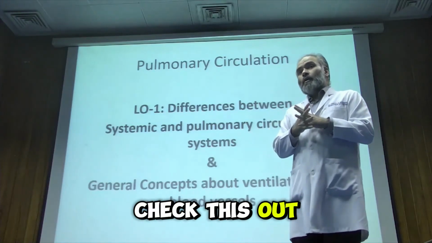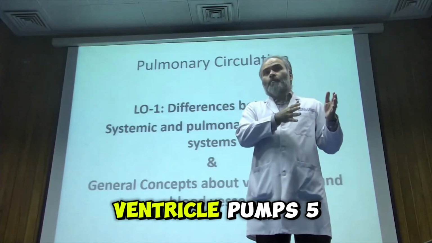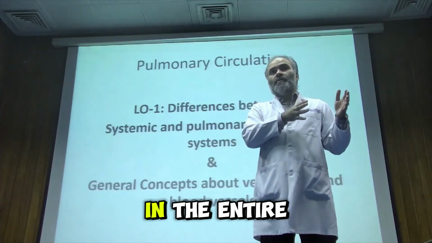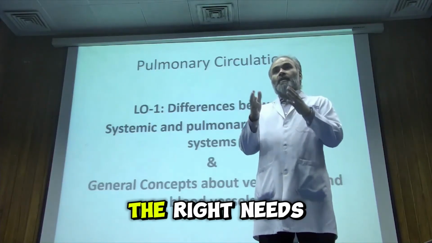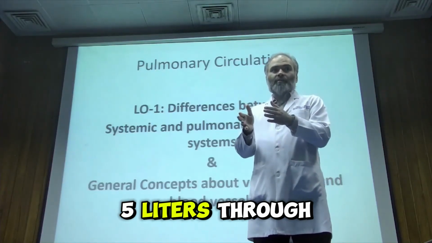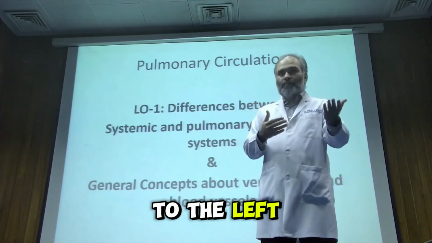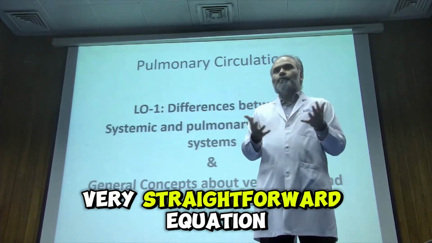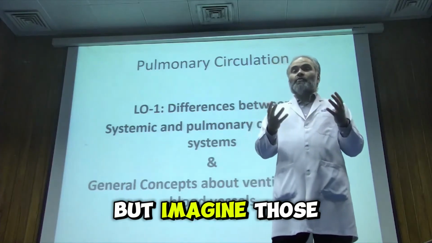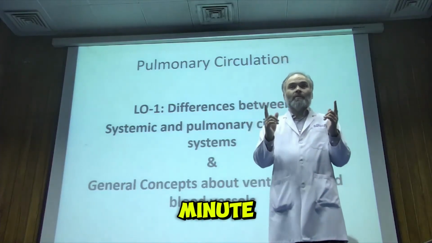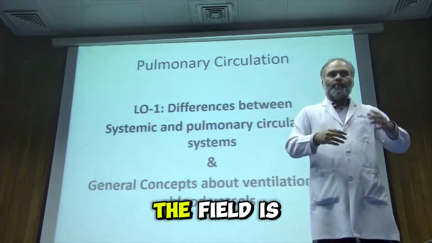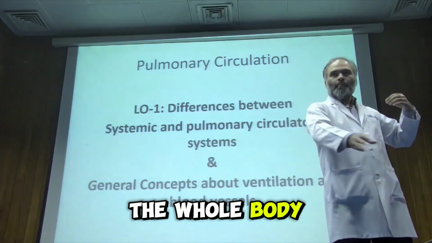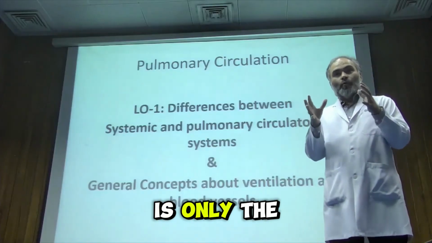Check this out. If the left ventricle pumps 5 liters per minute into the entire body, the right needs to provide that 5 liters through the lungs to the left ventricle. That's a very straightforward equation. But imagine those 5 liters per minute need to be accommodated in one organ. For the left, the field is very wide, the whole body, but for the right, the field is only the lungs.